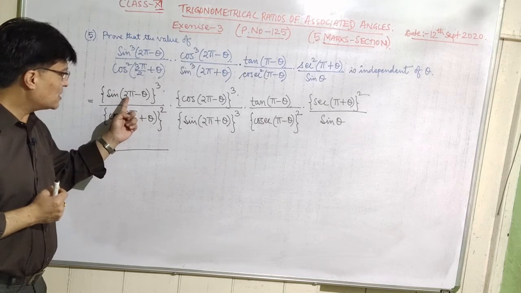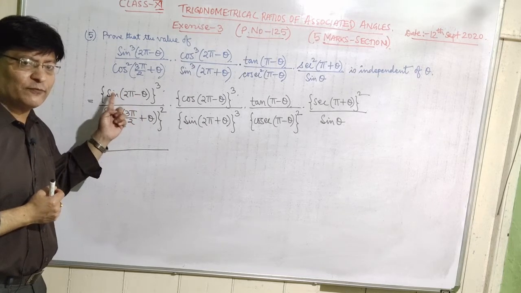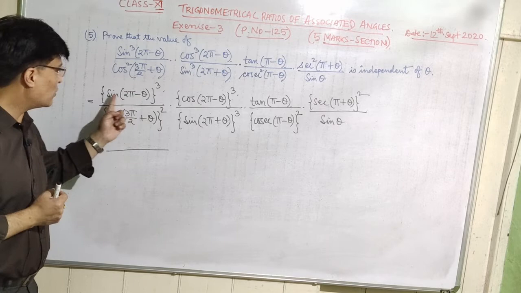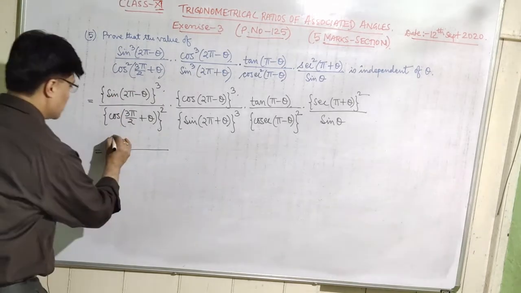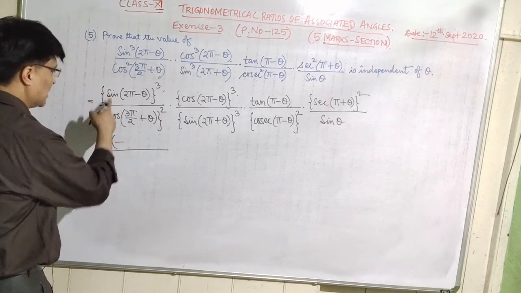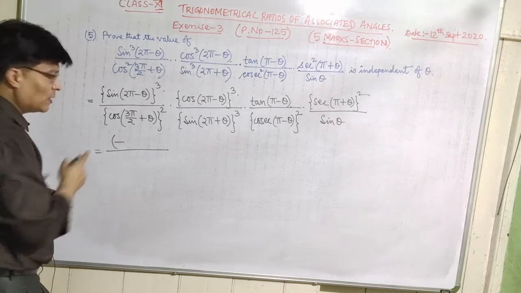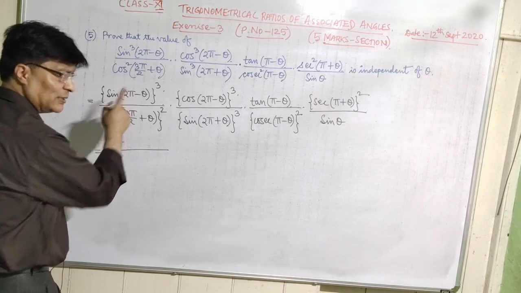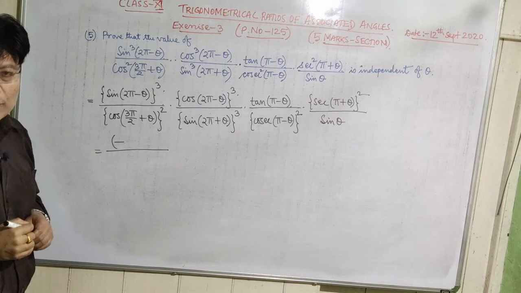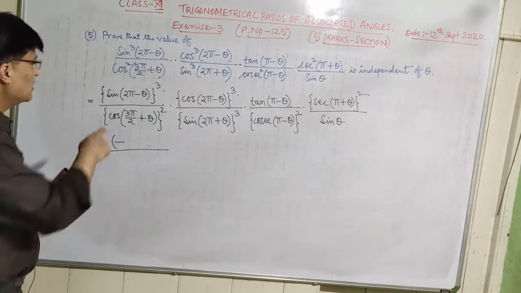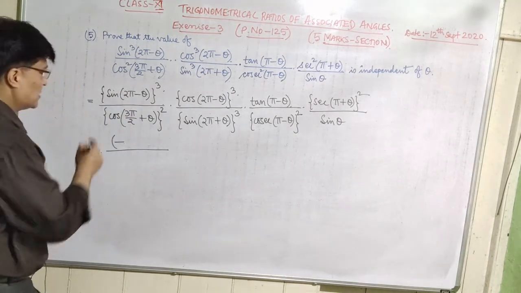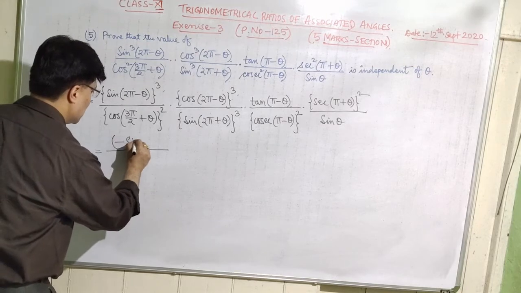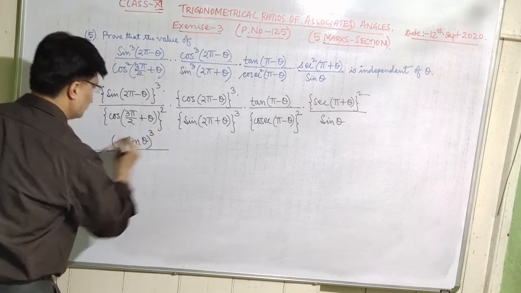This lies in the fourth quadrant, and in the fourth quadrant sine is always negative, so it is minus. And since 360 is 90 into 4, an even multiple of 90, sine remains as it is. So minus sine theta whole cube.